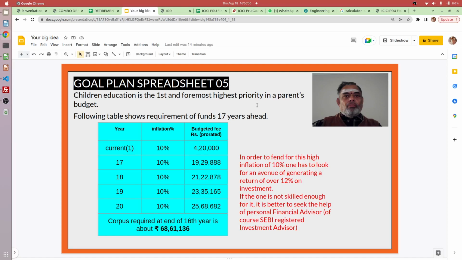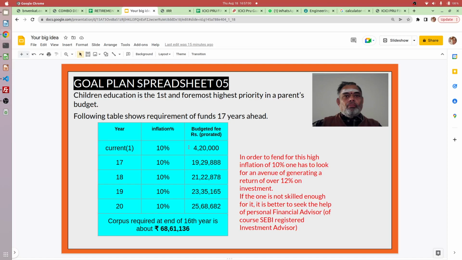The following table shows a requirement of funds 17 years ahead. Let us consider the inflation to be 10% throughout, starting at the current year, that is the first year of the child.